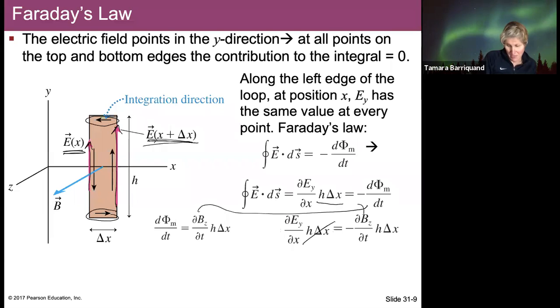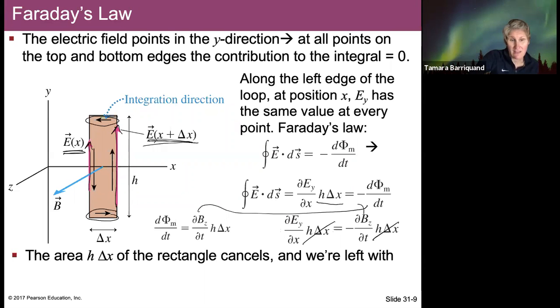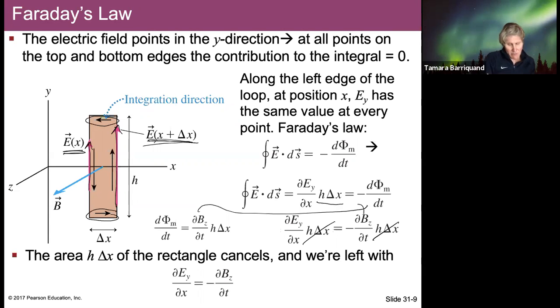Dividing through by h Δx, the area of the rectangle itself cancels. So it doesn't matter how big our rectangle was that we chose. And what we're left with is dE_y/dx equals negative dB_z/dt, and those are partials again. So that's what Faraday's law gives us.